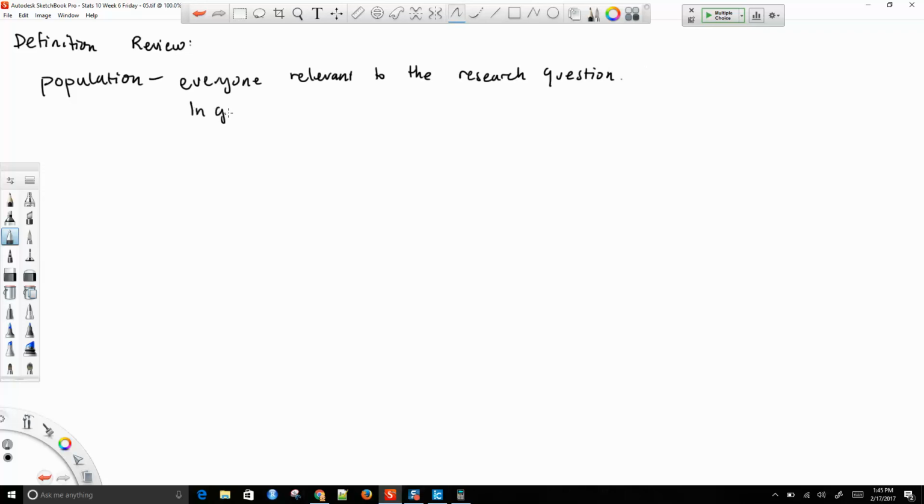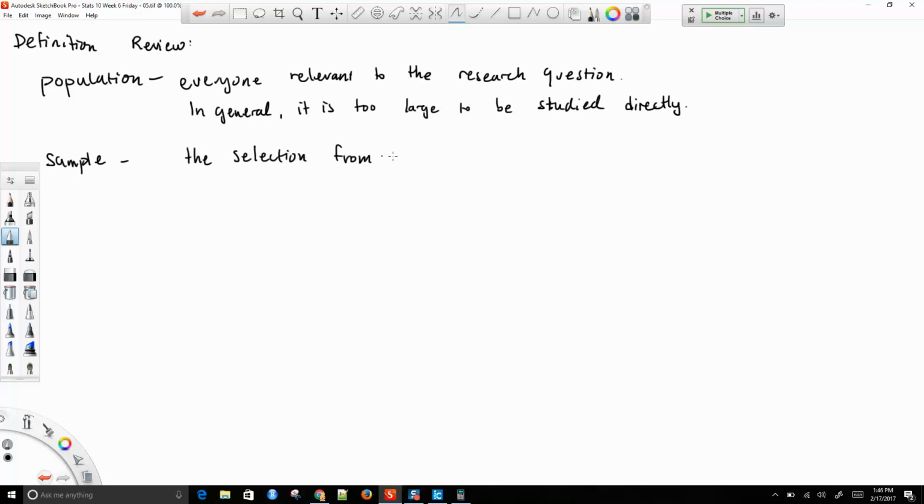In general, this is too large to be studied directly. Okay, the sample instead is the selection from the population that we do observe.